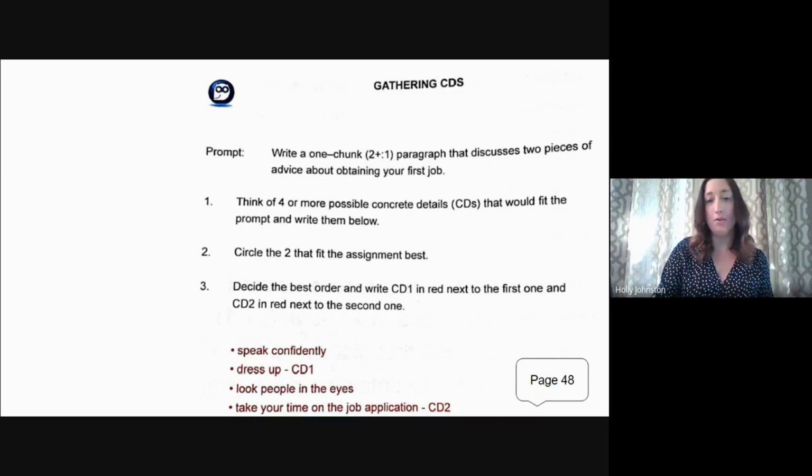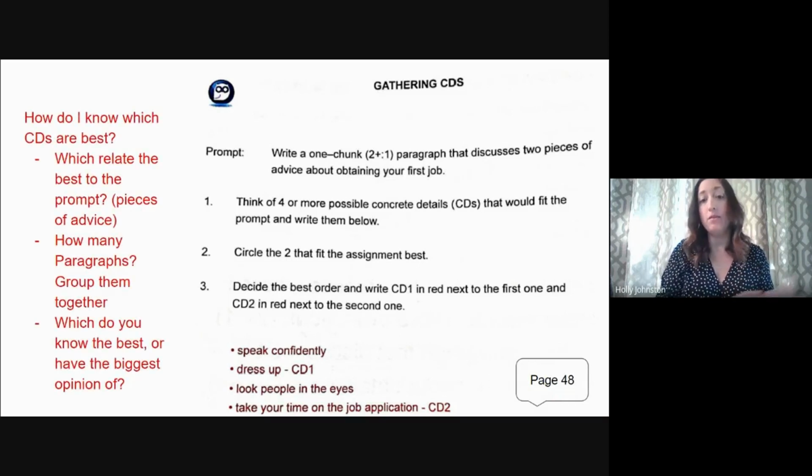Now, how do I know which ones fit the assignment best? So there's a few questions we can ask ourselves to pick those concrete details. The first question we can ask ourselves is, which of these concrete details relates best to the prompt? And our prompt for this one is pieces of advice.